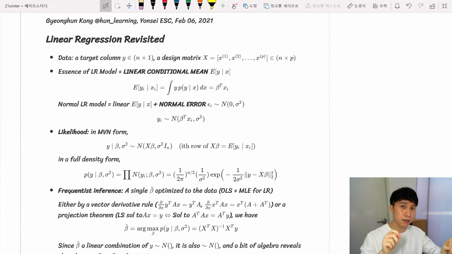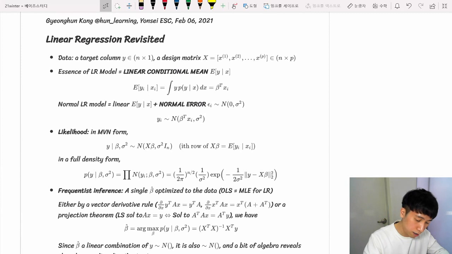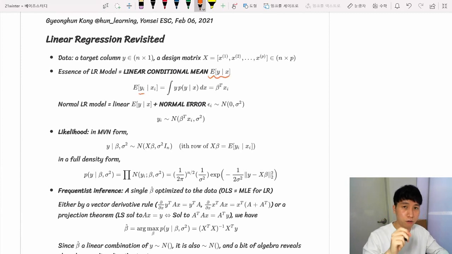The essence of the linear regression model is the conditional mean. The conditional mean of yi, the ith observation of y, given the ith row of the design matrix, is linear in the linear regression setting.